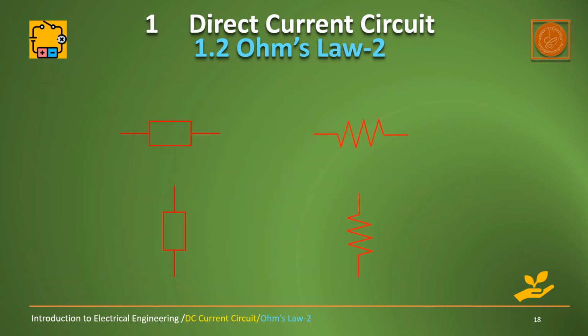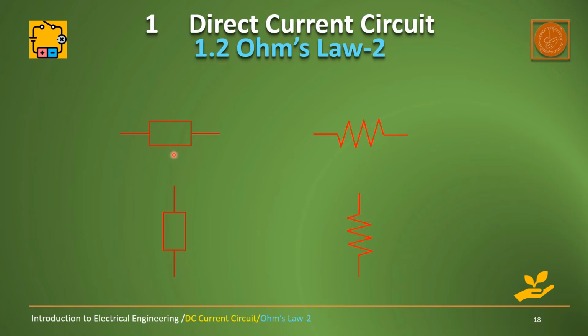In keeping more with their physical appearance, an alternative schematic symbol for a resistor looks like a small rectangle box.